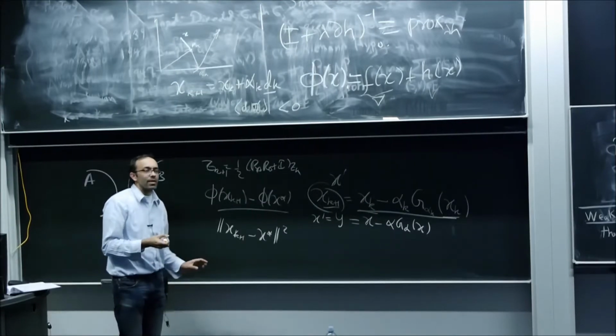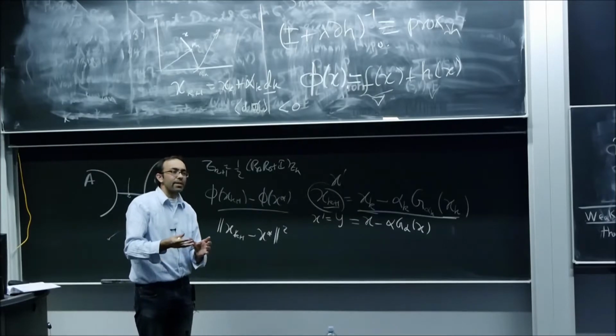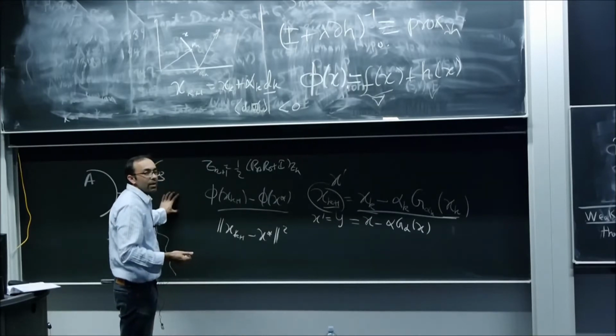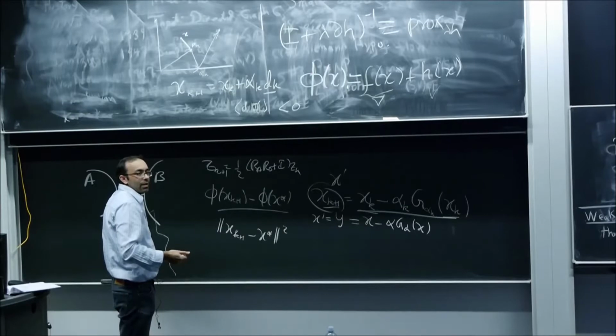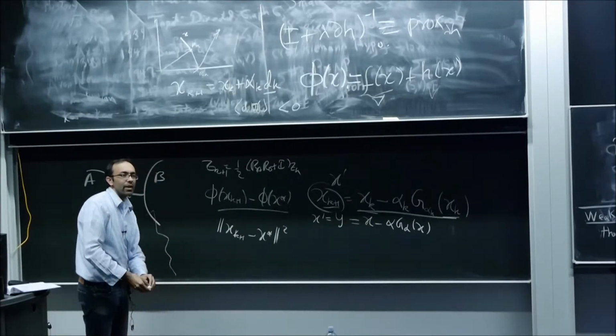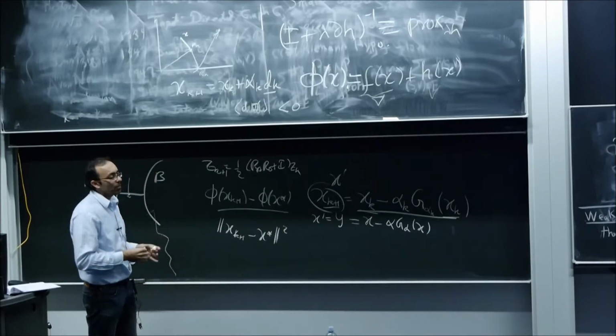But the shadow sequence is obtained by projecting z back either onto B or onto A. So even though it is running away, you pull it back.